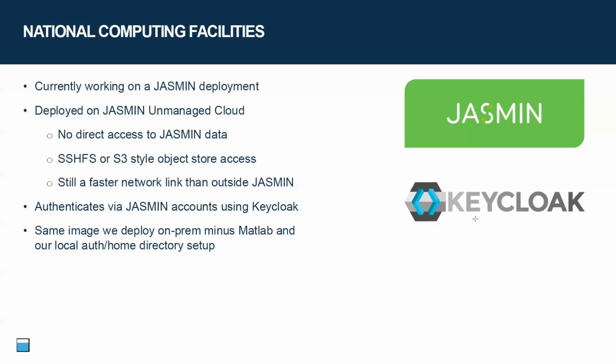But crucially, it allows us to open our data science platform to people who are external to NOC. We're authenticating via Jasmine accounts, and we're using the same image to deploy on Jasmine as we deploy on premises, except we've taken out MATLAB because we don't have the license to deploy it on Jasmine. And obviously we're not mounting our own home directories.